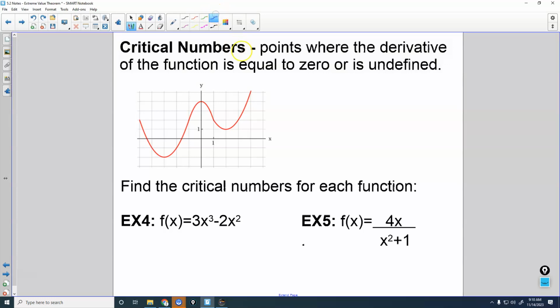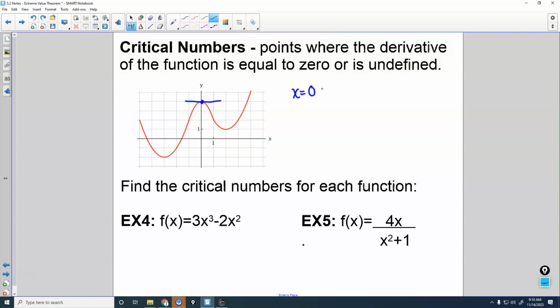Okay, so if this is my graph, and I'm looking for where the derivative is 0, who could give me a point where the derivative would be 0 in this case? 0, 4, yes. Right there you'd have a horizontal tangent line, right? So x equals 0 would be a critical number for this.